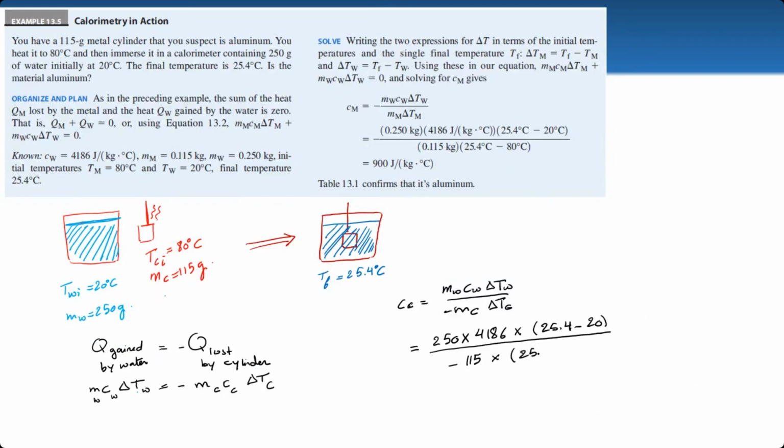T final is 25.4. T initial of the cylinder is 80 degrees. And I will calculate the specific heat of the cylinder. If you calculate, you will get 900 joules per kilogram Kelvin. And this is indeed for aluminum.